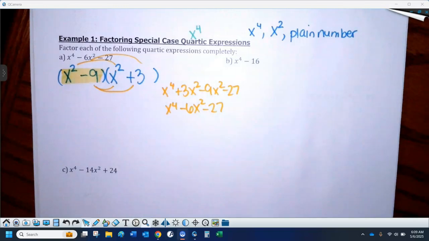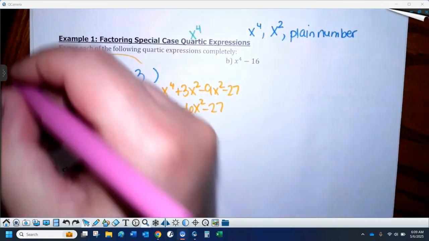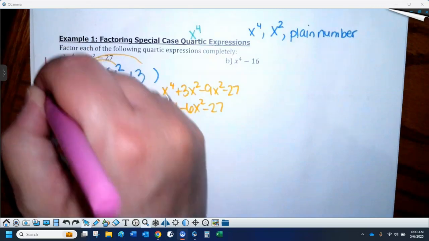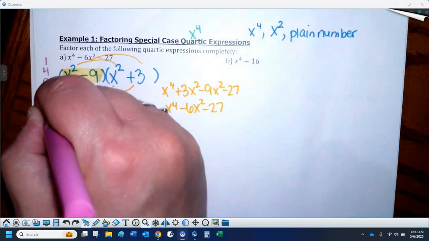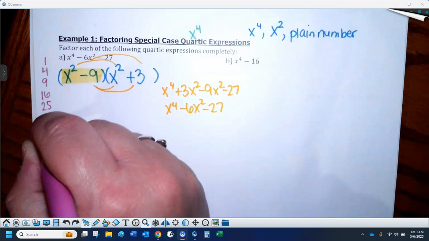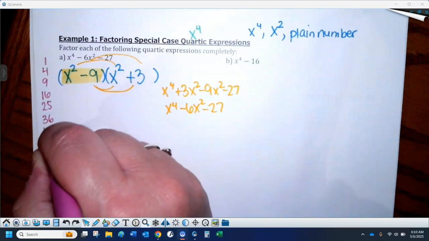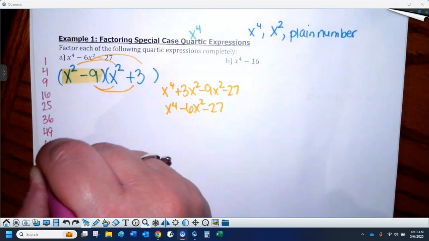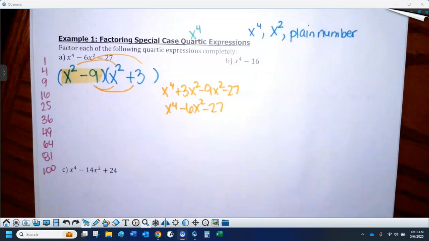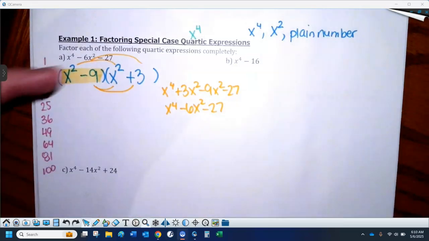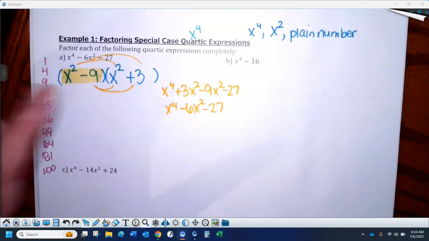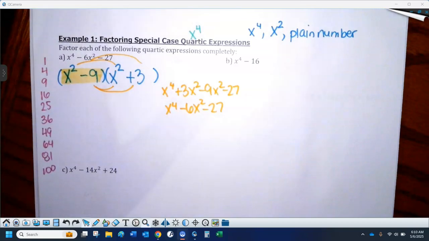Maybe I'll jot down a couple of the perfect squares so you know what I mean: 1, 4, 9, 16, 25, these are perfect squares, 36, 49, 64, 81, 100, those kinds of numbers. If you see that, like 9 is one of those numbers, that's called a difference of squares, and so we can break that down like we did in part B above.